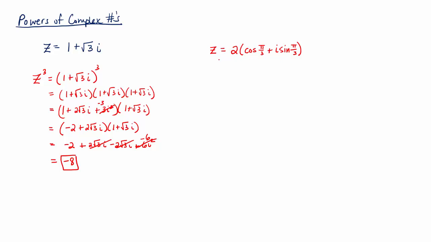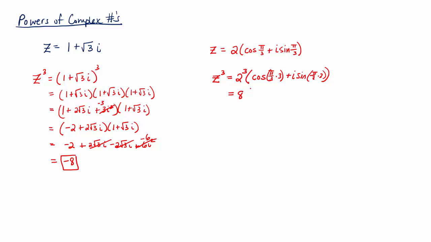So now that I'm in trig form, we learned at the end of the classwork that really all you have to do is take that power, raise the radius to that power, and take the angle and multiply the angle by that power, for both the sine and the cosine's angle. Like that. So let's simplify.